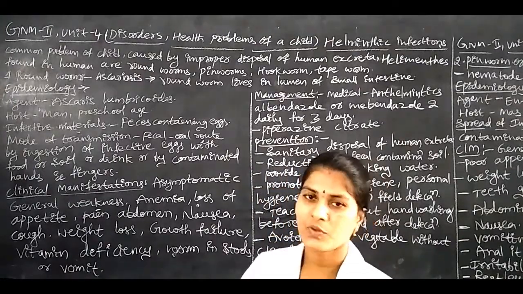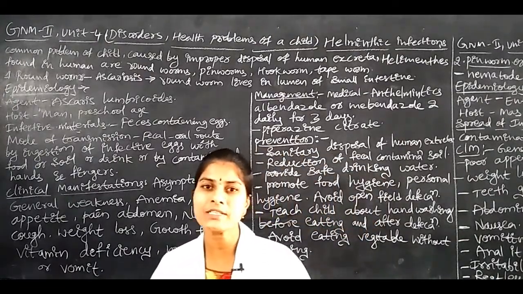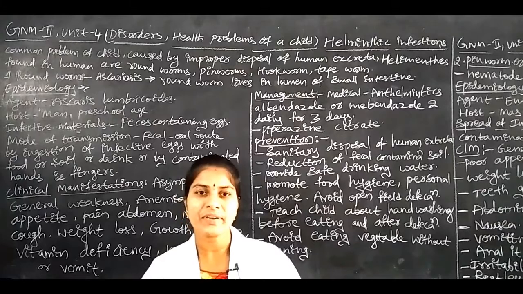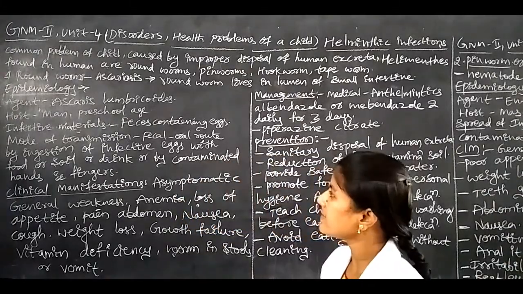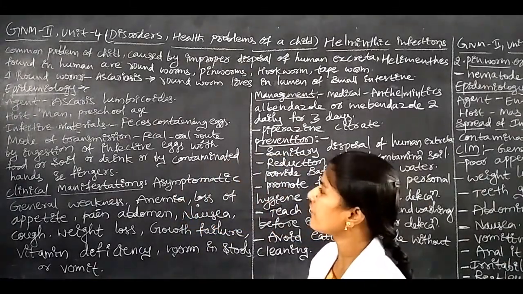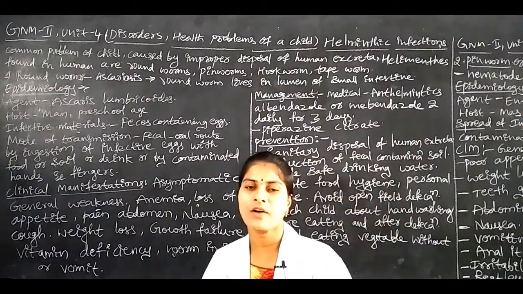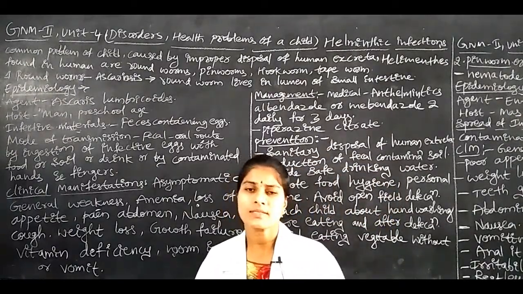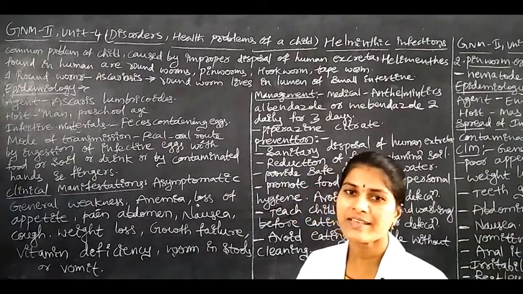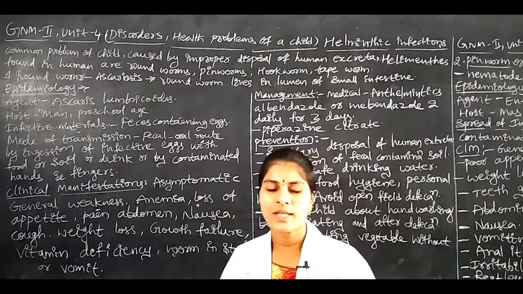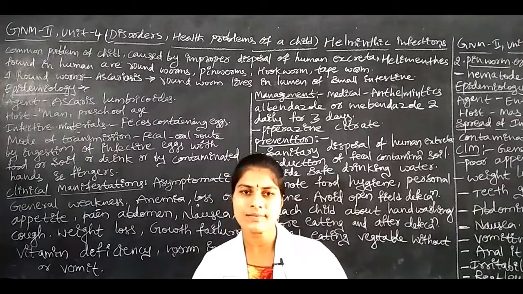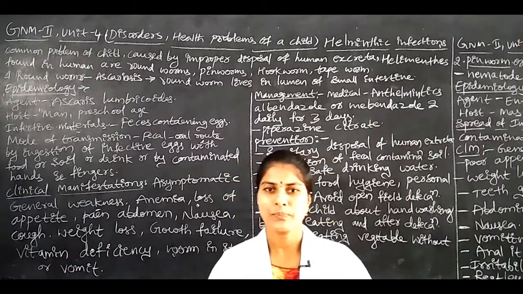Next are the infective materials, the materials that cause these infections, like feces. Feces are waste products. After digestion of food, some waste is excreted from the body through the anus, and that is called feces or stool.